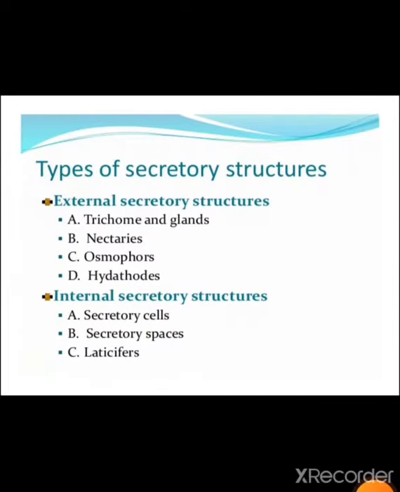Types of secretory structures found in plants we divide into two categories: external secretory structures and internal secretory structures. First we study external: trichomes and glands, nectaries, osmophores, hydathodes.